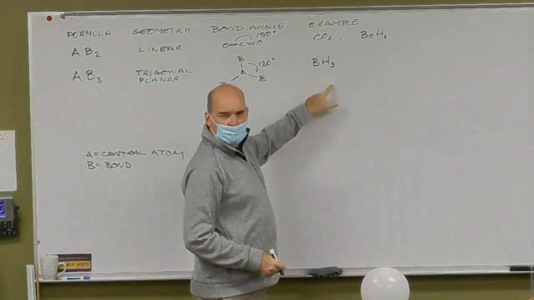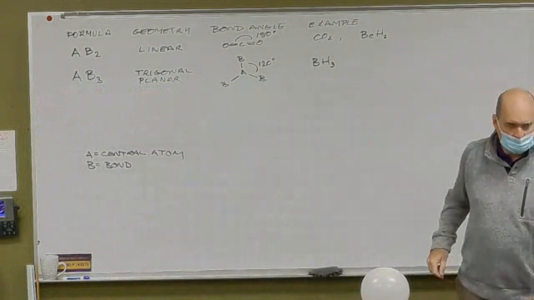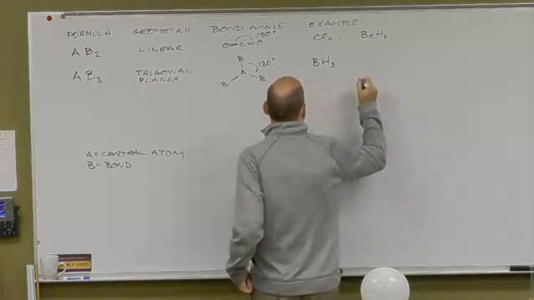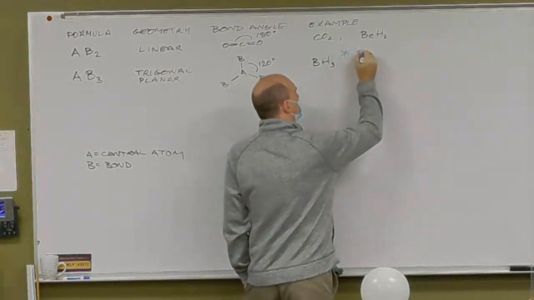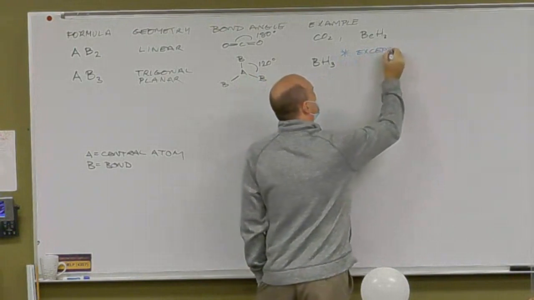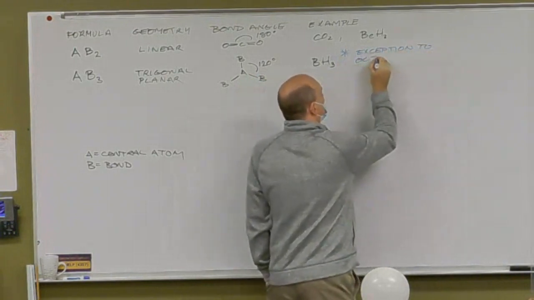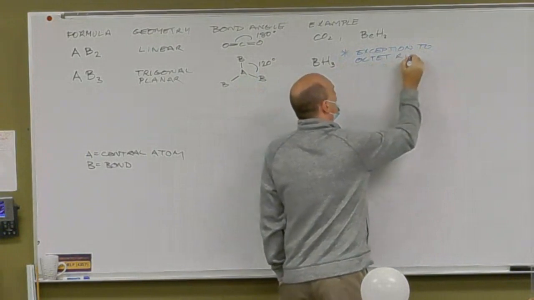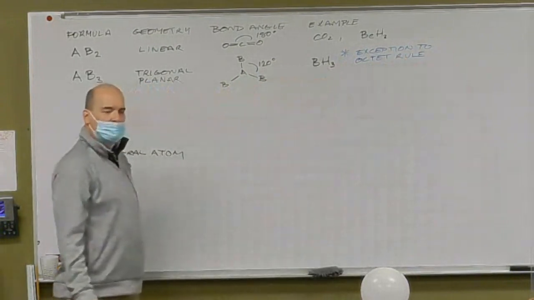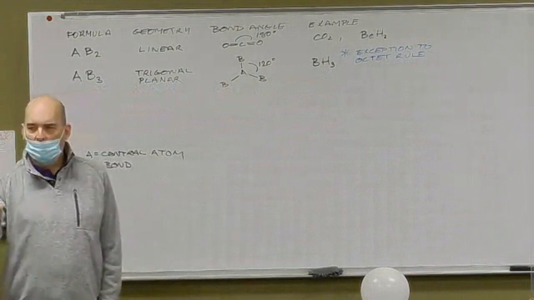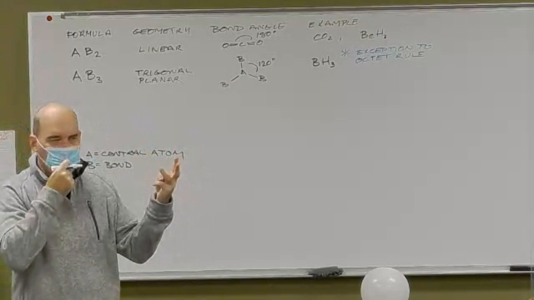This is going to break the octet rule. While it's on the board, let's point to that and make an exception out of it. That's an exception to the octet rule. If we take a boron, boron has 3 valence electrons because it's in group 3.